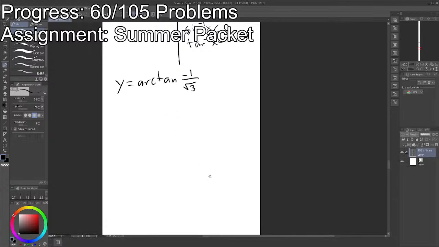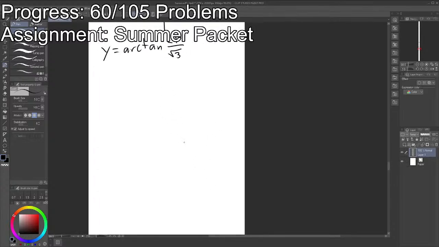So what they do, this is an example. They just drew the reference angle triangle down here.